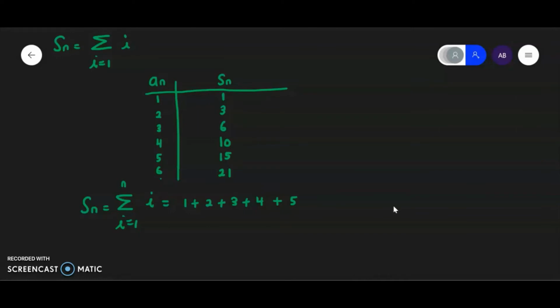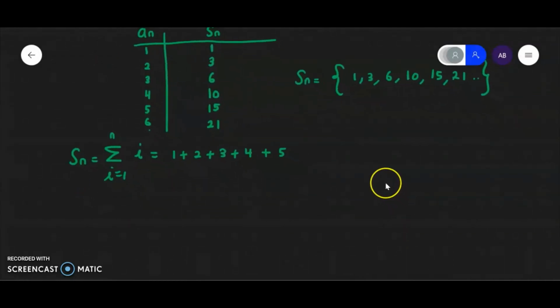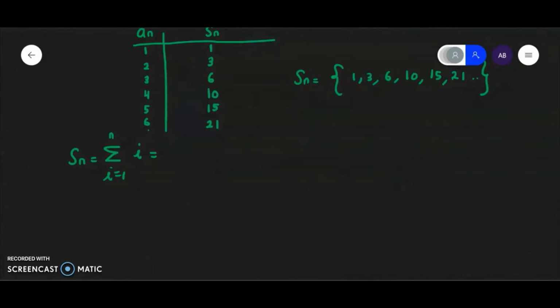My Sn in terms of sequence is 1, 3, 6, 10, 15, 21, and so on. So how can you write this? I don't want to write it like this, I want to write it as n times n plus 1 over 2.